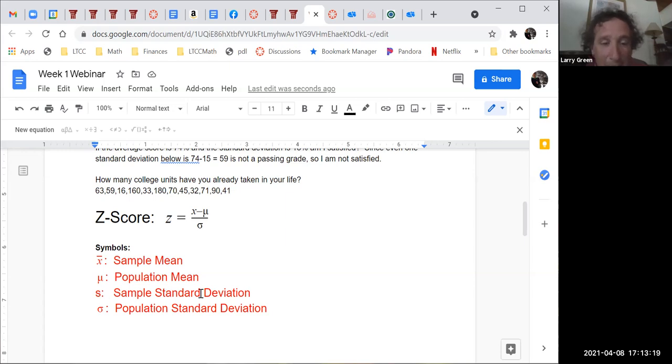S is the sample standard deviation, and sigma is the population standard deviation. And Z is X minus mu over sigma, and what this mathematically represents is how many standard deviations you are above or below the mean. Any questions on this idea?